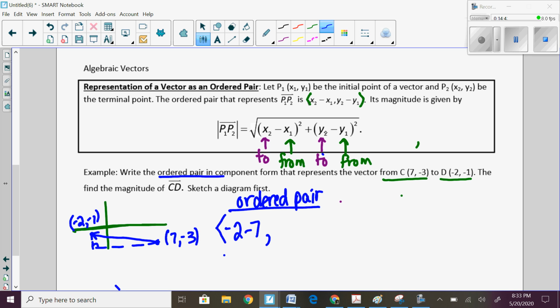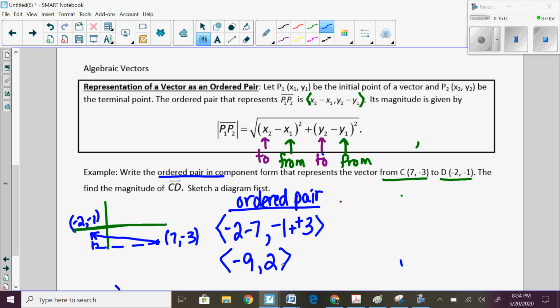And in terms of the height, it goes to -1 from -3. So be careful with those signs because when we have minus and negative, we just want to make sure we turn them into plus or positive. And subtracting this, we get <-9, 2>.